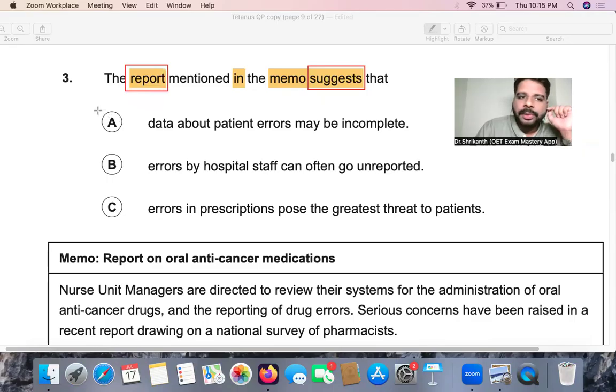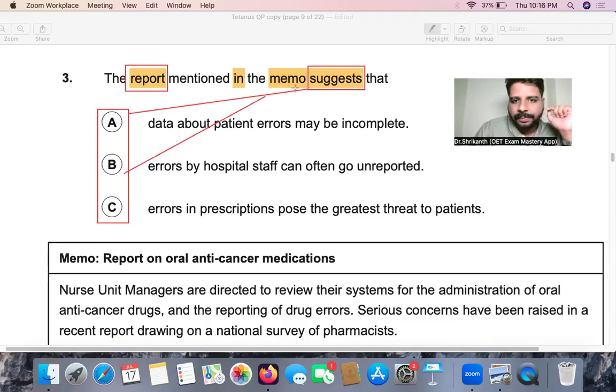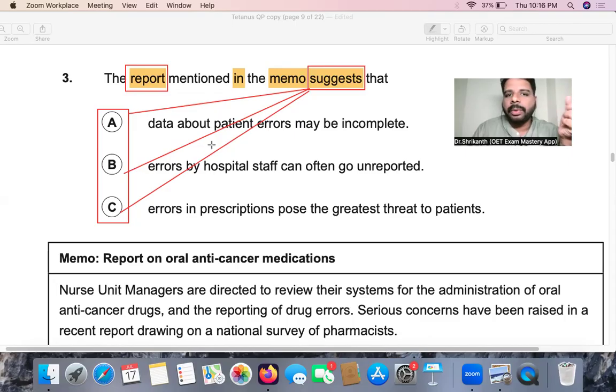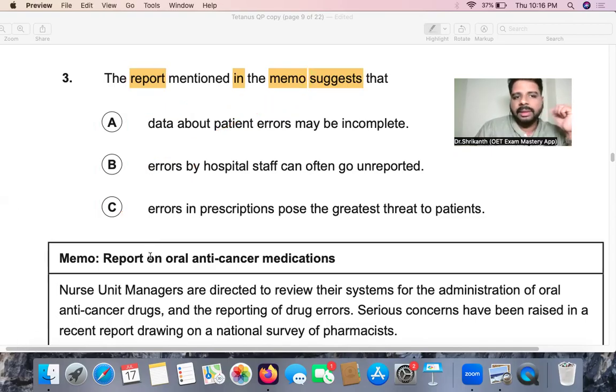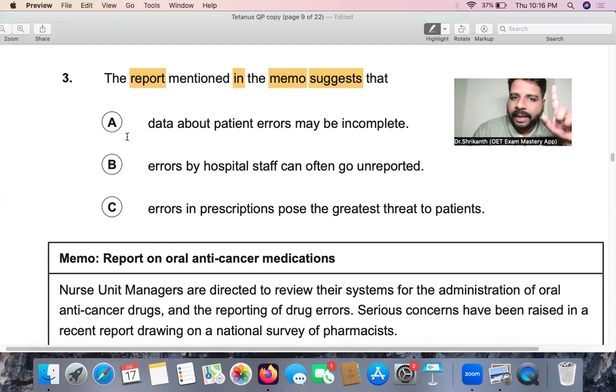So what are answer options A, B, and C? Answer option A, answer option B, and answer option C are all suggestions. So your duty over here is to find the suggestion that is coming from this report given in this memo. That clarity you must have. Now let's try to understand the very first suggestion. Answer option A is a suggestion.